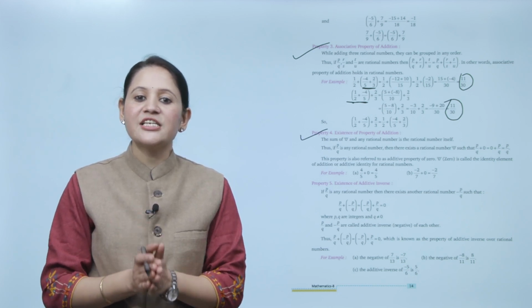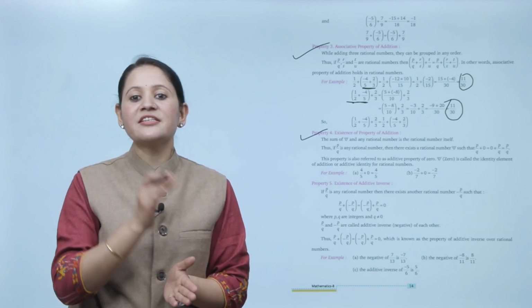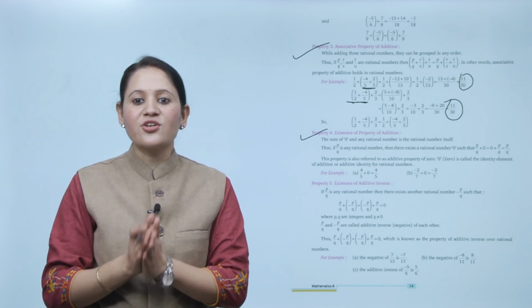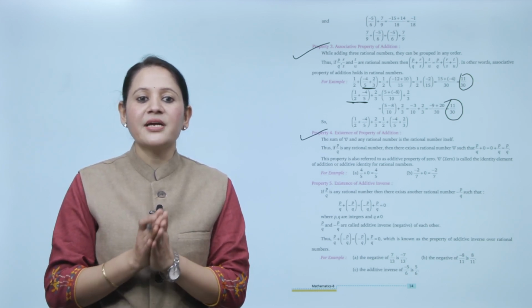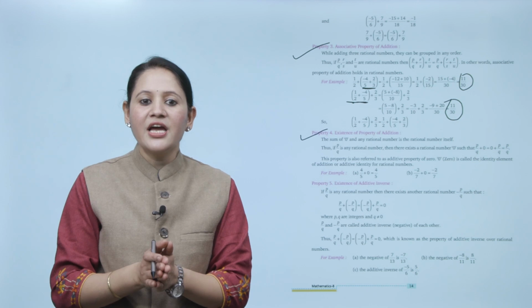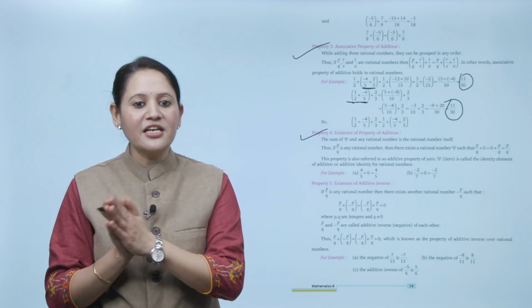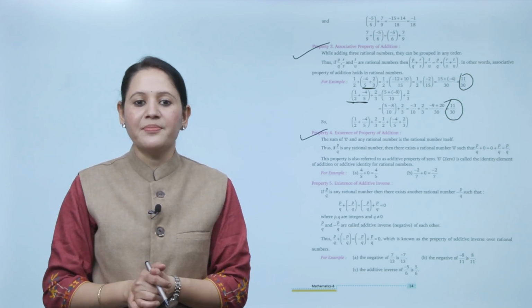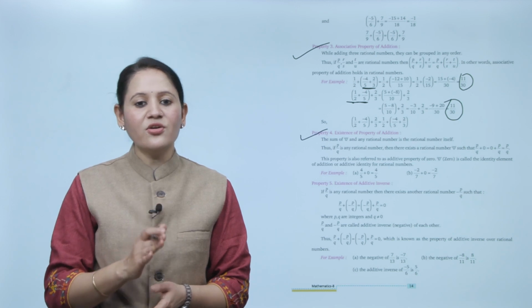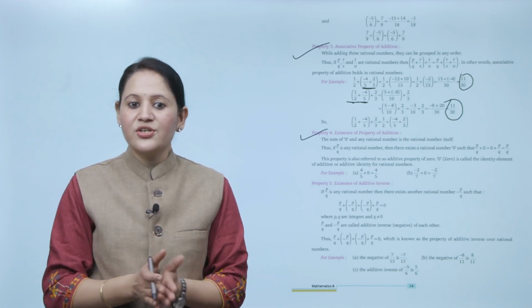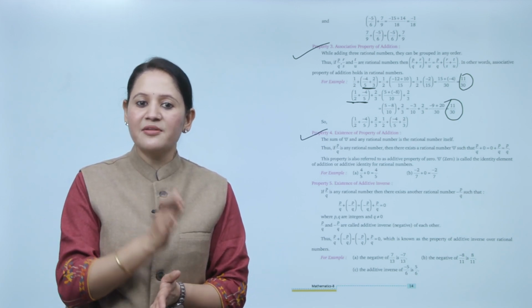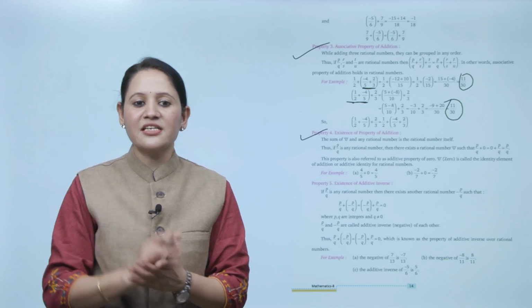Means if we add 0 to any rational number, we will get the same rational number. 0 is called the identity element of addition, or additive identity, for the rational numbers. For example, 4 upon 5 plus 0 gives you 4 upon 5. So, if you add 0 to any rational number, you will get the sum as the same rational number.